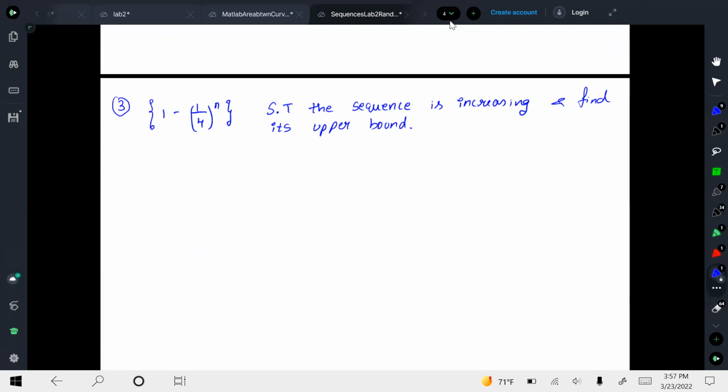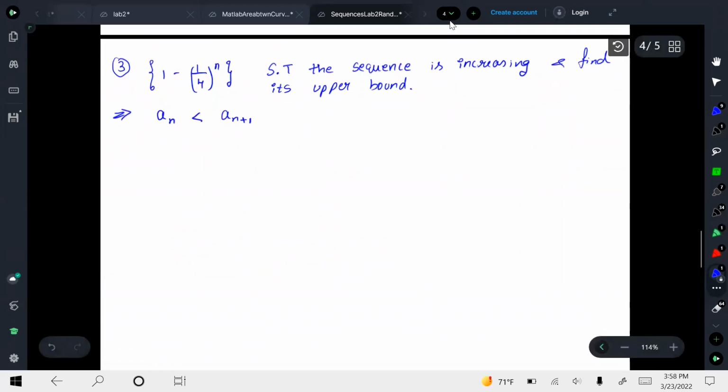Okay. Now, to show that a sequence is increasing, I told you in the beginning, the sequence an has to be less than an plus 1. Now, what is an?